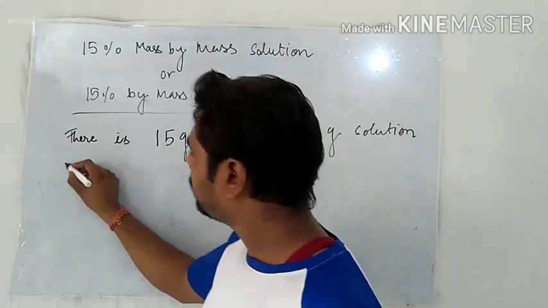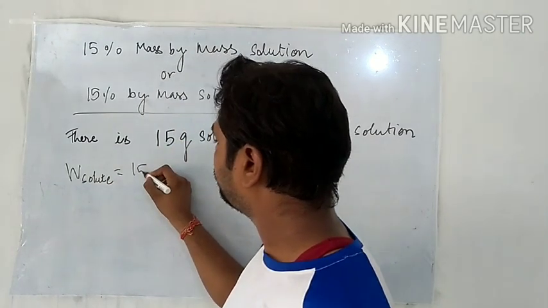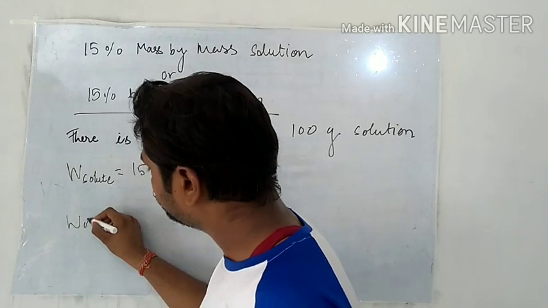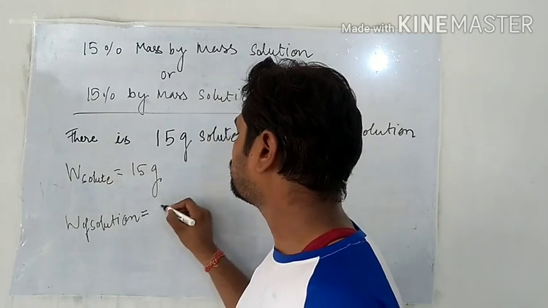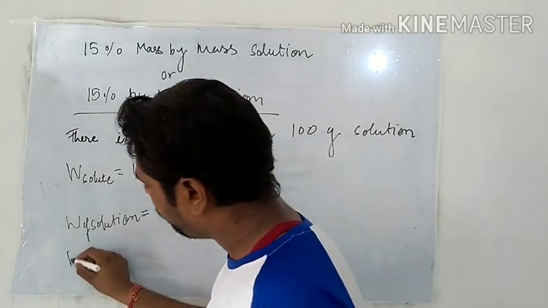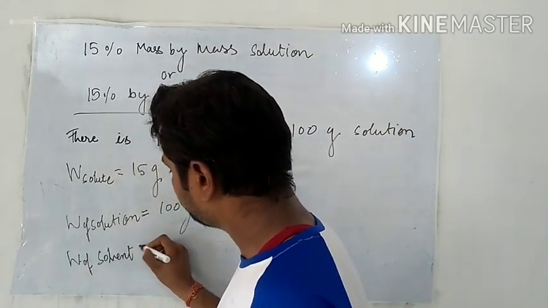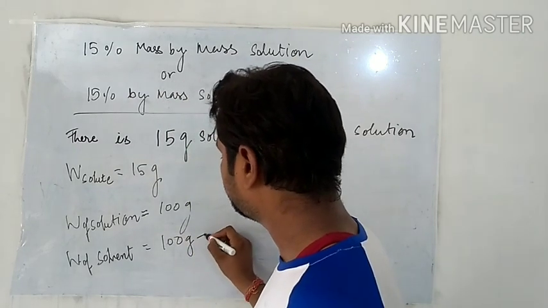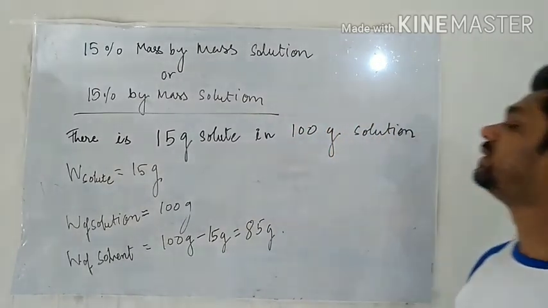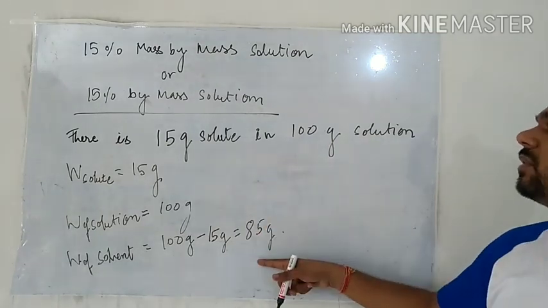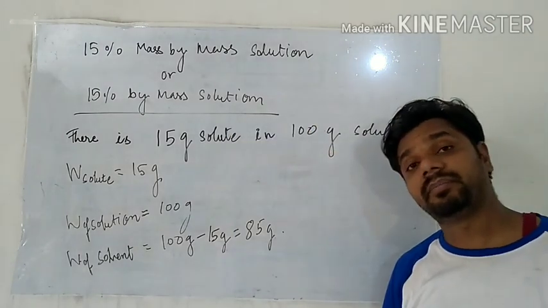It means we got weight of solute 15 gram, weight of solution is equal to 100 gram, then weight of solvent is 100 gram minus 15 gram, and the answer is 85 gram. This much information can be gathered from this statement, 15% by mass.